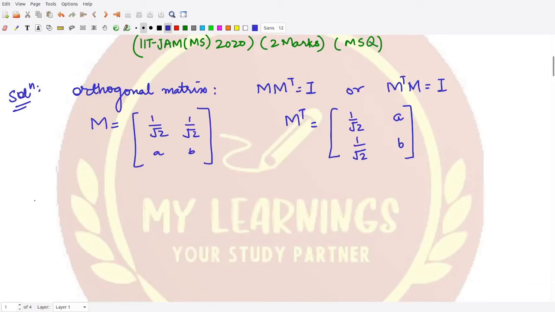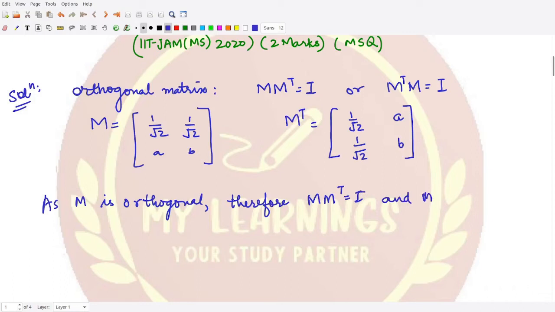Now we have two conditions, and we have to check both. As the matrix M is orthogonal, therefore you have M into M transpose equal to identity, and we also have M transpose M equal to identity, right?